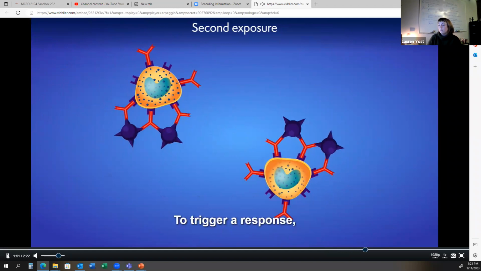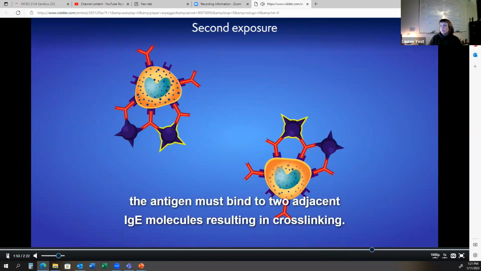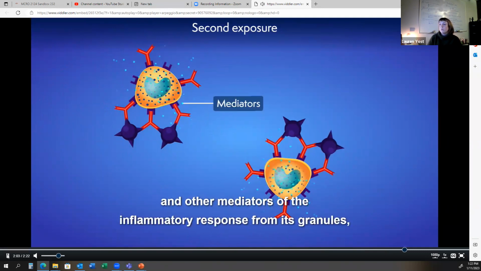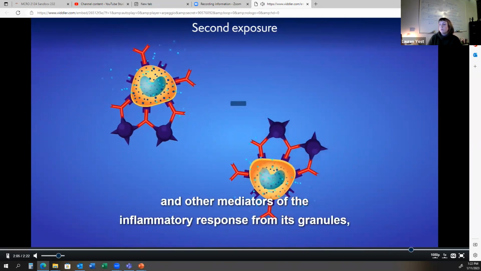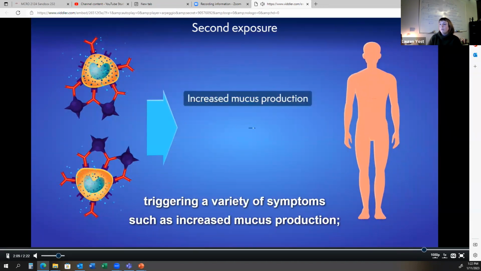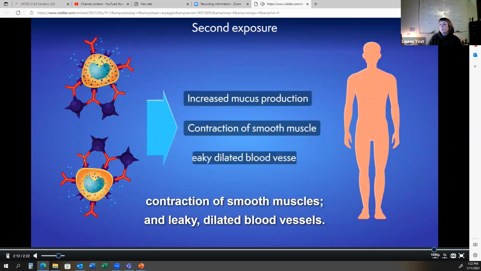To trigger a response, the antigen must bind to 2 adjacent IgE molecules, resulting in cross-linking. Within seconds, the mast cell releases histamine and other mediators of the inflammatory response from its granules, triggering a variety of symptoms such as increased mucus production, contraction of smooth muscle, and leaky dilated blood vessels.